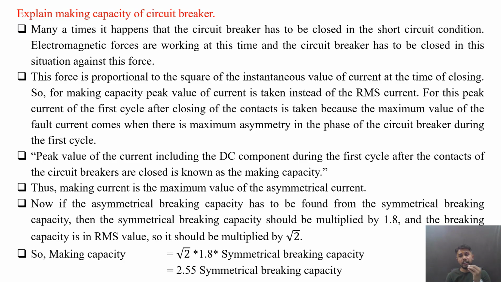So, root 2 into 1.8 equals 2.55 into symmetrical breaking capacity. From the value of the breaking capacity, one can find out the making capacity using this formula. And you can explain the making capacity of the circuit breaker with the concept of having the peak value, not the RMS value, at that time.